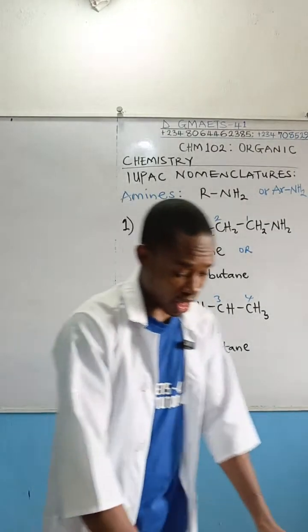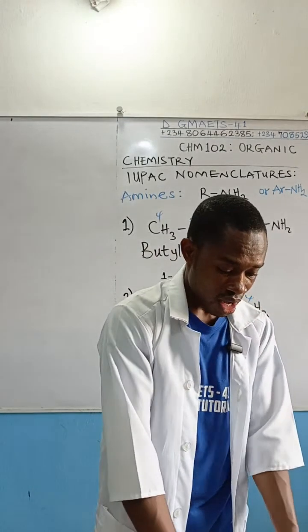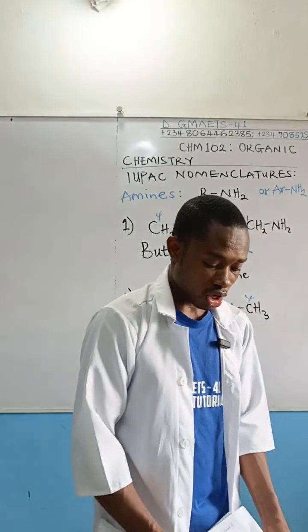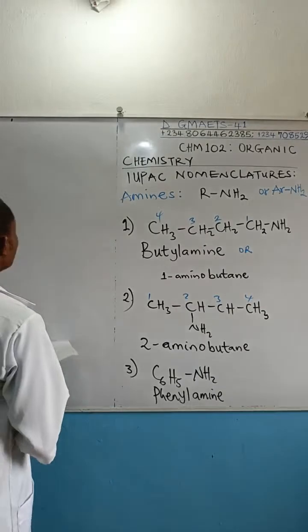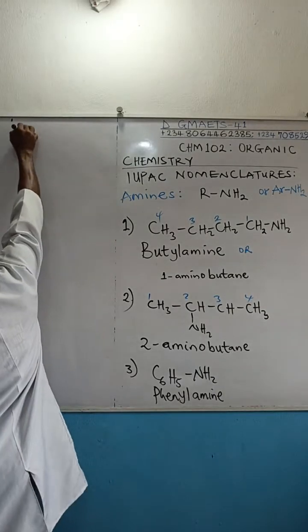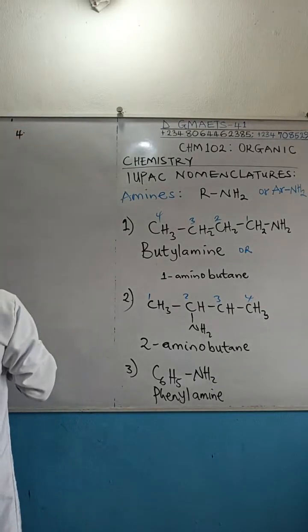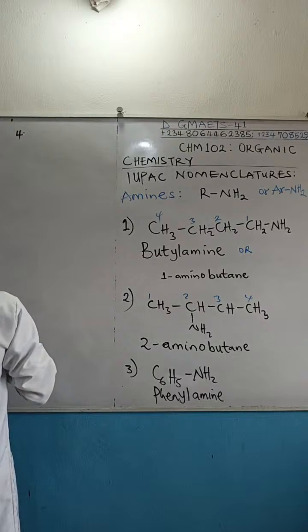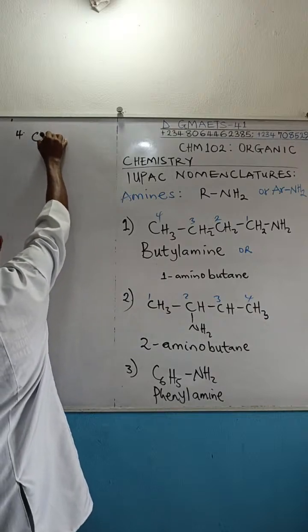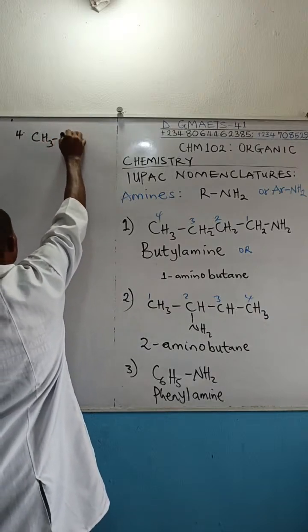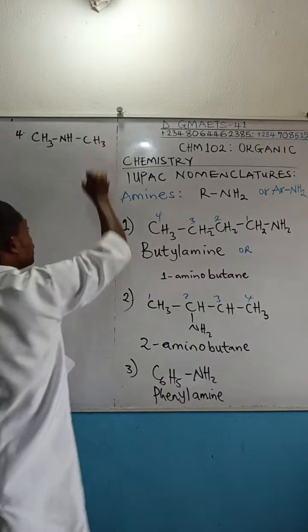We're moving on. Let's look at the next structure we have. I am done with the structures I'd like you to give attention to for primary compounds. Let's look at this one, number 4. We have CH3, NH, CH3.